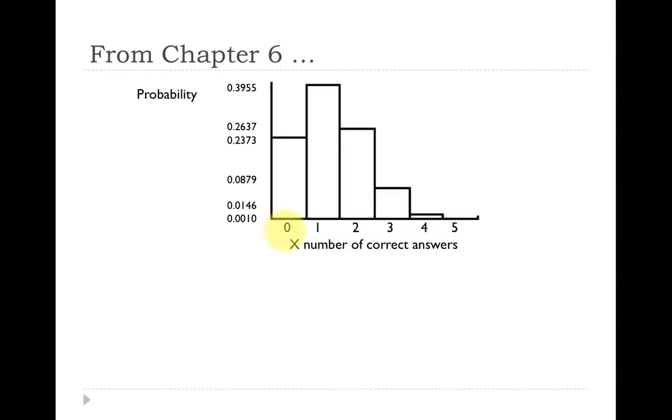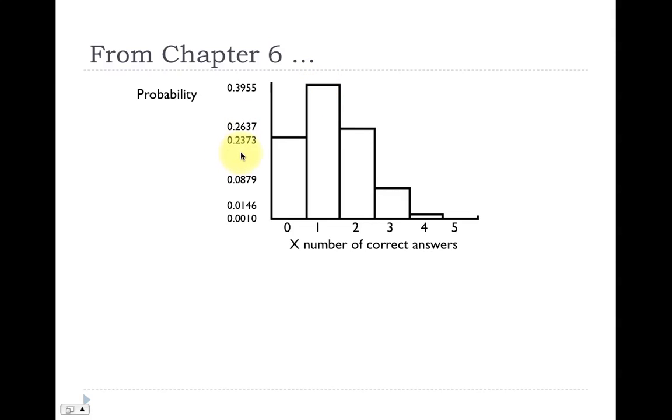The probability that you guess on all 5 answers and you get none correct has a probability whose height is the height of this rectangle, which is 0.2373. The probability that you guess all 5 answers and get 1 correct is 0.3955. We could also ask, what's the probability that you get at most 1 correct?